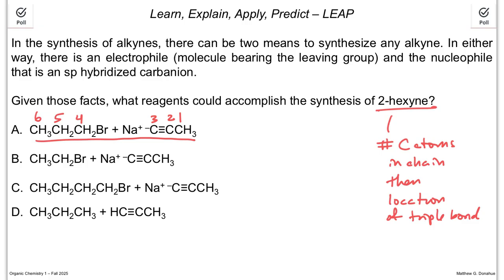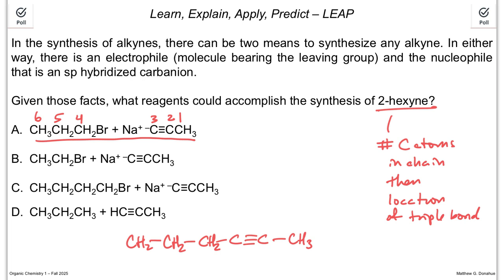But let me just draw that real quick. So there's 1, 2, 3, 4, 5, 6. I said we could do this two ways.